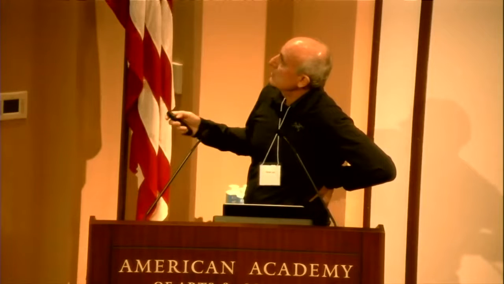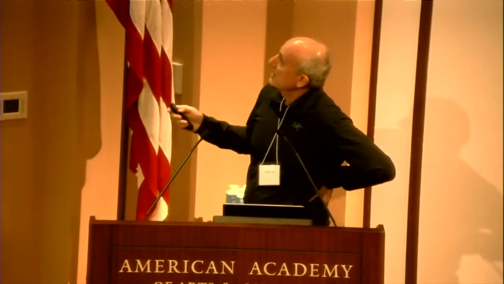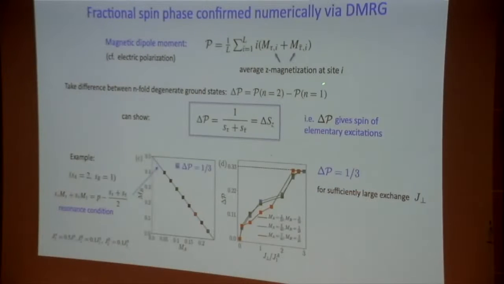We also confirmed this fractional spin phase fully from scratch, numerically, using DMRG again, and found a new quantity which is very useful to characterize this new phase. Basically a generalization of electric polarization, a magnetic dipole moment. So you take the magnetization of each chain, multiply it by the site, and take the sum over it.